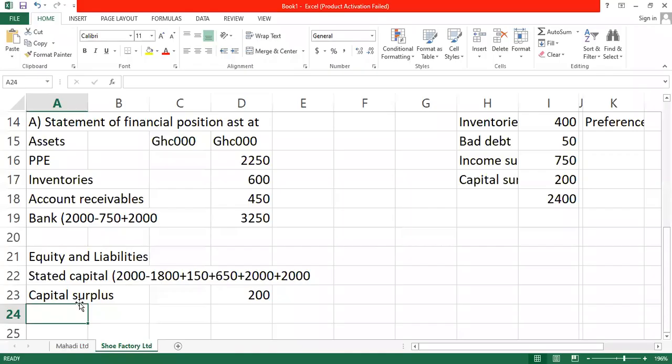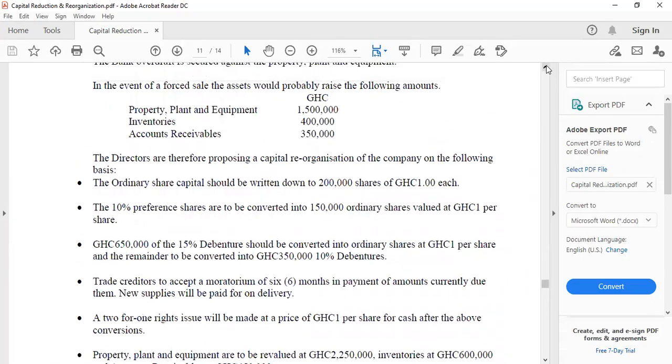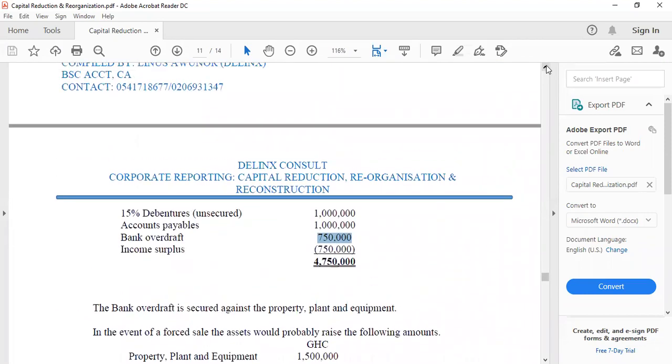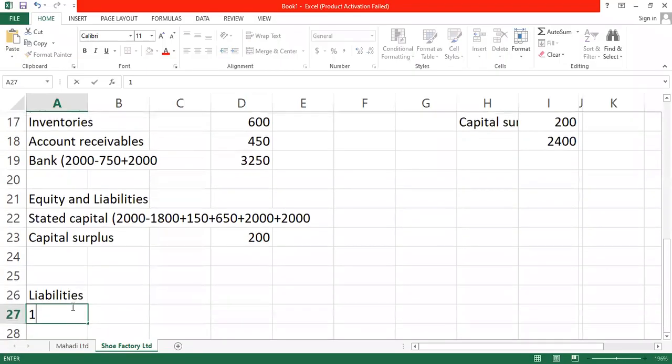So what we'll have to do now is bring in our liabilities. Which of the liabilities are we going to have now? The 10% debenture, the new one, which is 350,000. Debentures, which will be 350,000.